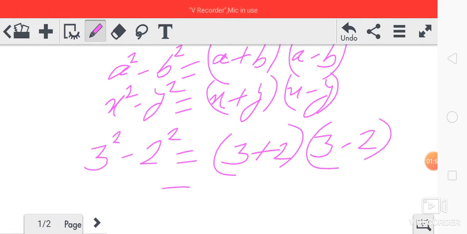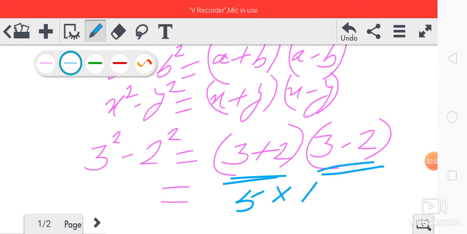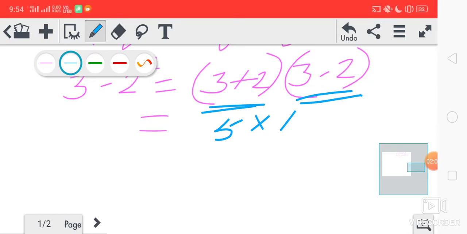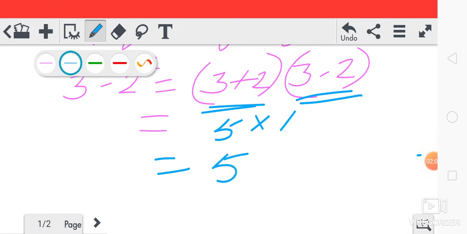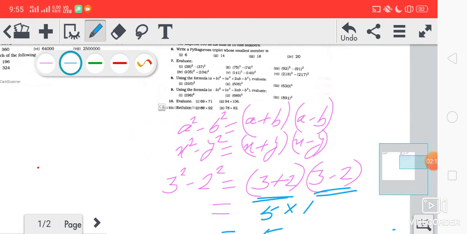So 3 plus 2 gives 5, and 3 minus 2 gives 1. So 5 into 1 gives 5. This way you have to solve this question.